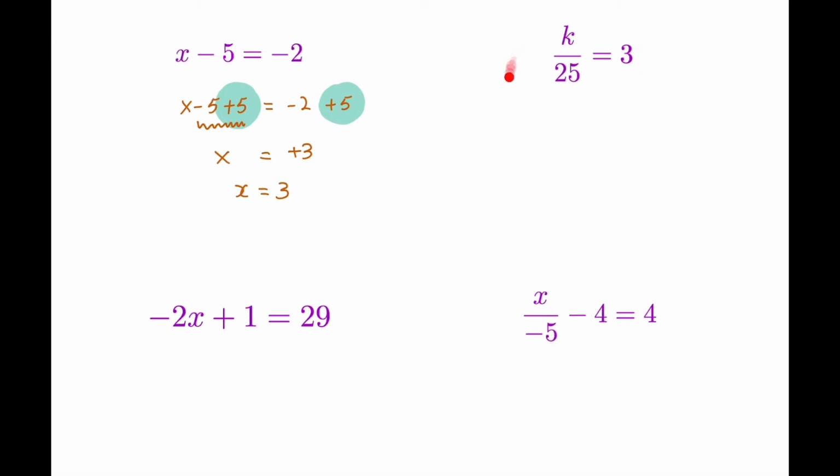Here you see k divided by 25 is 3, and you have to find the value of k. So again, you just need k, you don't need this 25. So we need to think of a solution to solve this 25. Here it's dividing by 25.